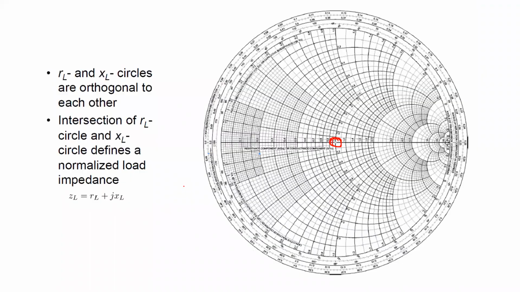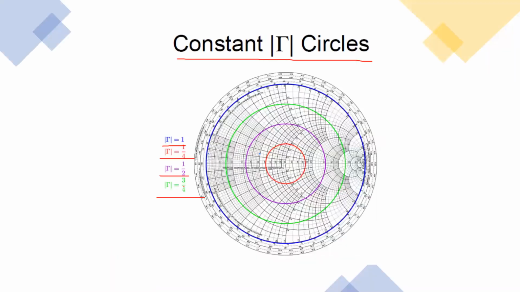Here you can see that we have a reflection coefficient parameter which is specified. Say I consider 1/4. Where is 1/4 plotted?